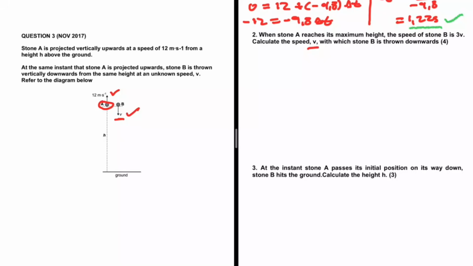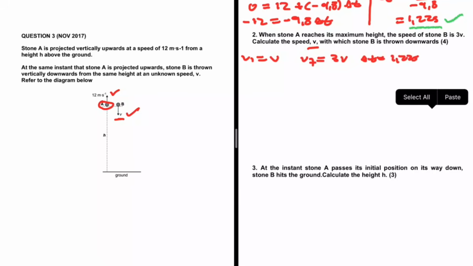As you can see, this is not a usual style of questioning we come across. We have to deal with variables, right? Vi, the initial velocity of our stone B, is v, and then Vf is 3v, right? At the instant stone A reaches its maximum height, when delta t is equal to 1.22 seconds, the final velocity of stone B is 3v.